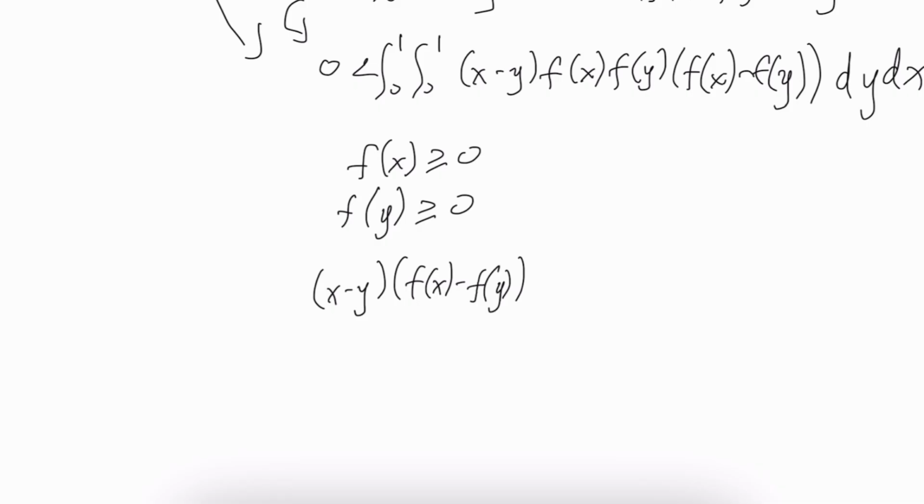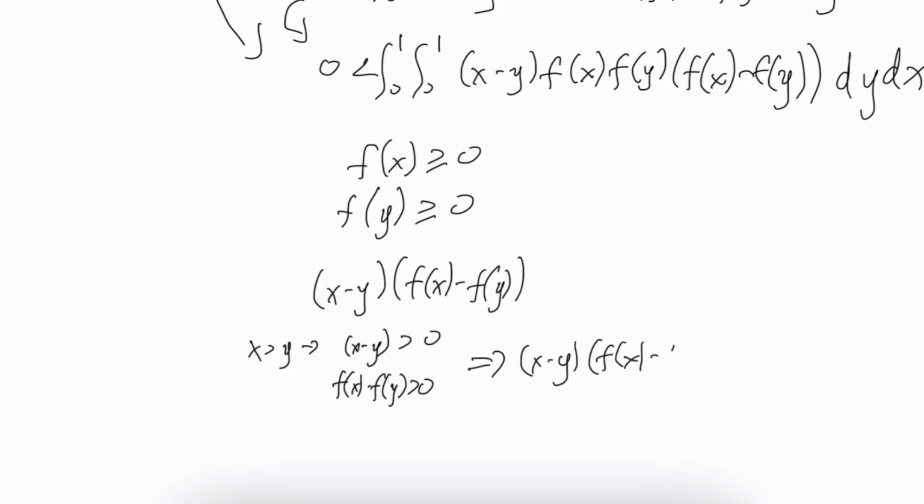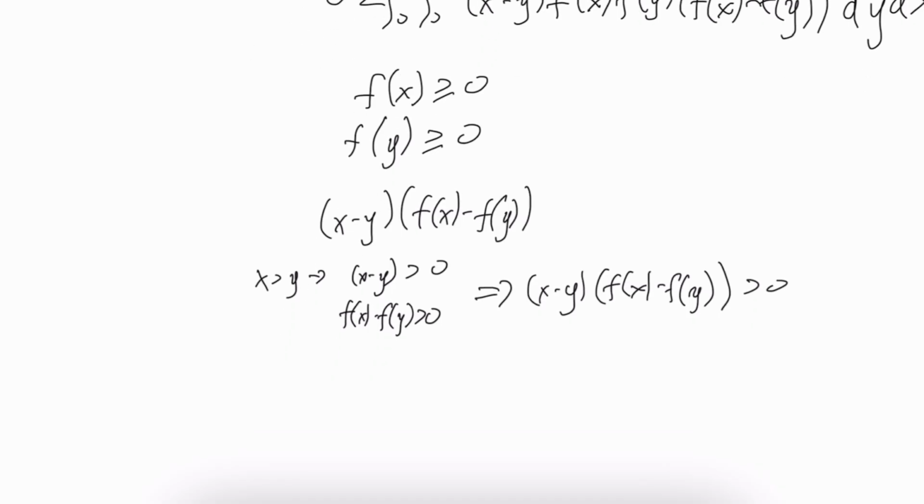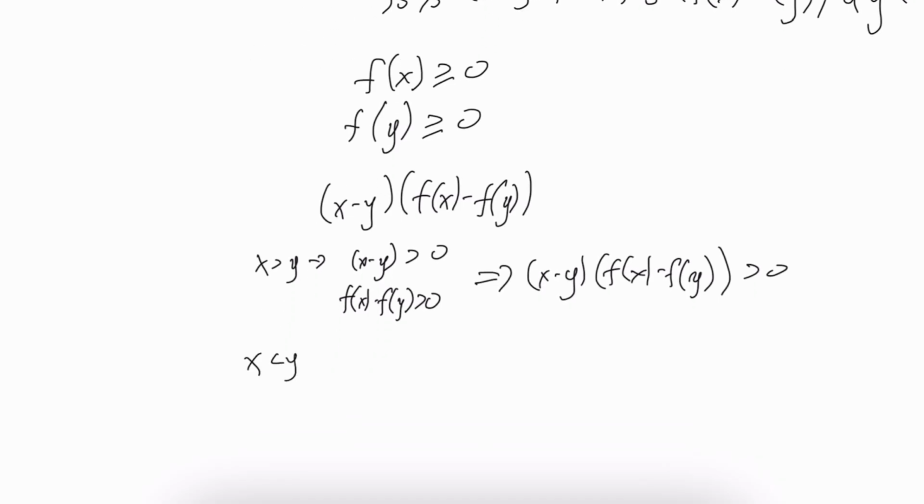And when x is less than y, I'll write it out. If x is greater than y, we have x minus y is greater than 0, f of x minus f of y is greater than 0, so x minus y times f of x times f of x minus f of y is greater than 0. If x is less than y, then x minus y is less than 0.